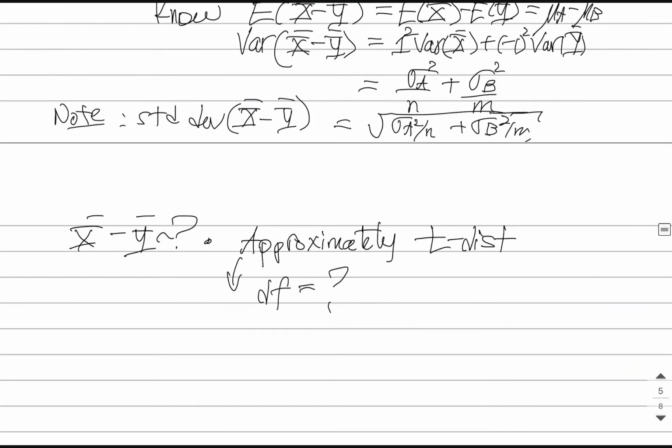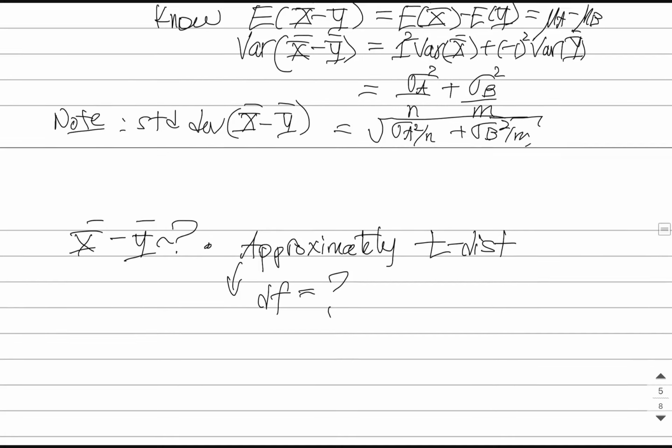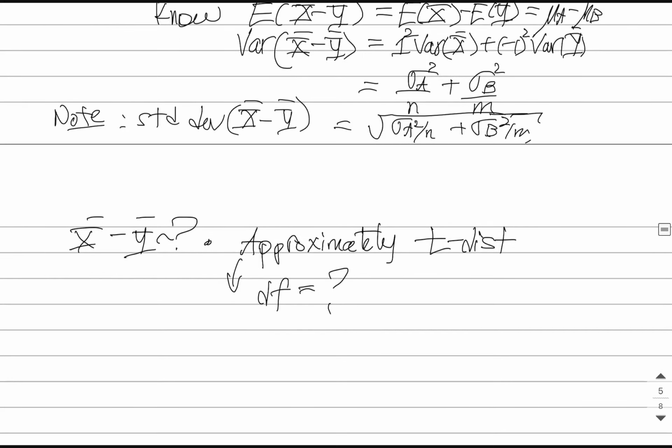The degrees of freedom turns out to be given by a really awful expression. It isn't something that I want you to memorize, but it will turn out to be based on the strange approximation that is used. Don't worry about where this comes from, but if you're curious, it will be the sample standard deviation of A squared over n, sample standard deviation of B squared over m, squared, and then it'll be a strange weighted average of the two.